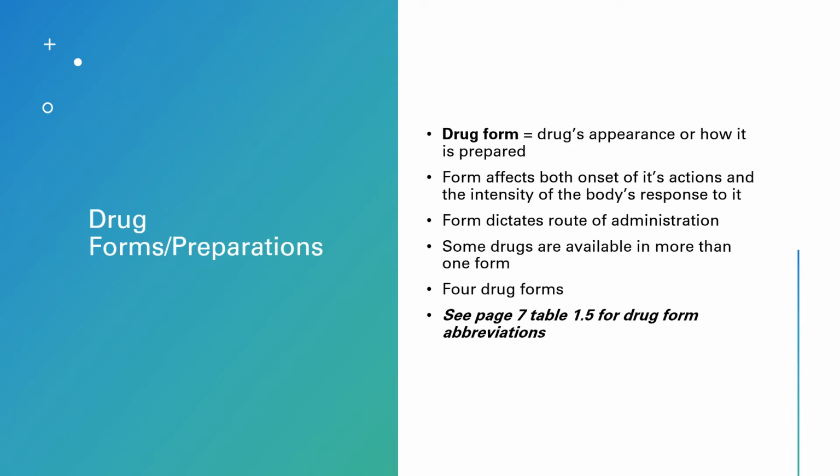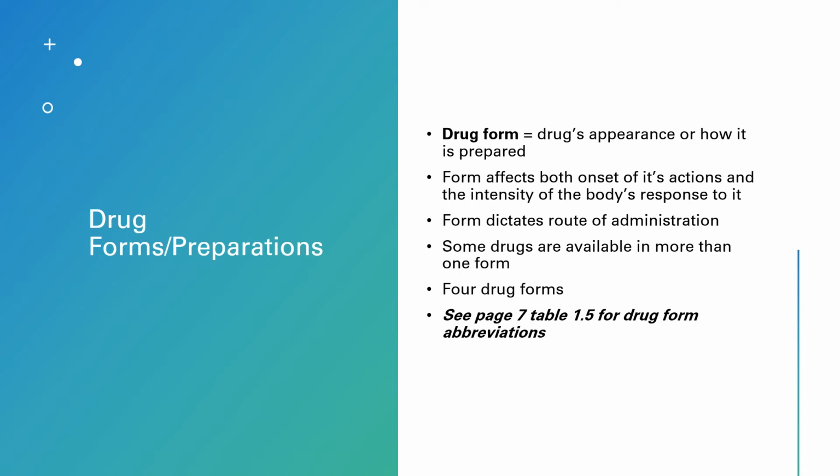It will give you the different abbreviations for the forms of drugs, and there are some strange ones, like for example the abbreviation for ointment is UNG. Some are a little more obvious, like tablets are TAB, capsules CAP, but that ointment is a strange one, UNG. Okay, so take a look at that table.